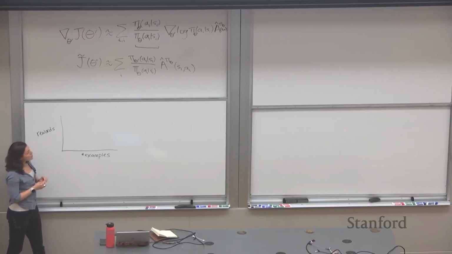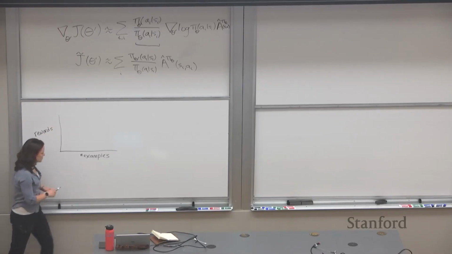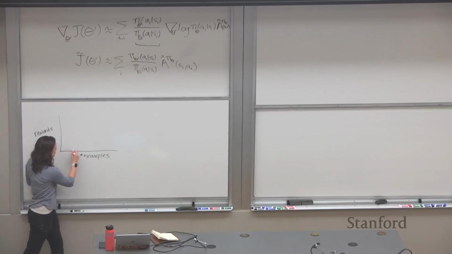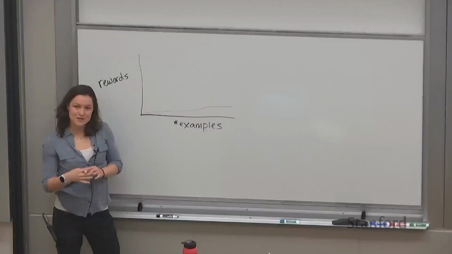If you take only one gradient step for every batch of data that you collect, then your learning might look something like this, where it learns very slowly because you can only take one gradient step for each batch of data.